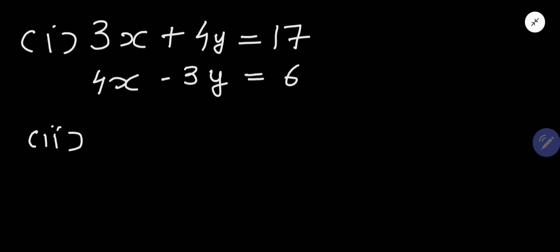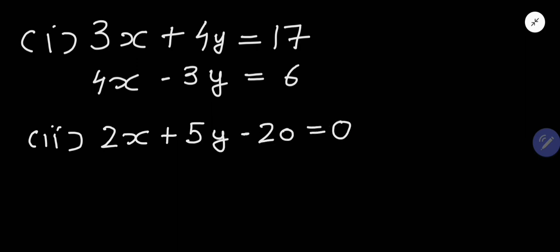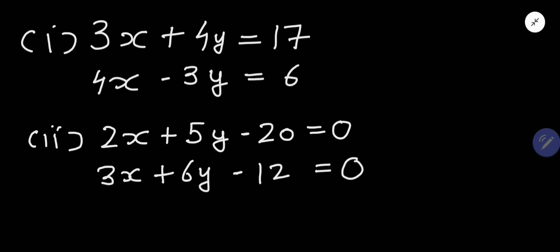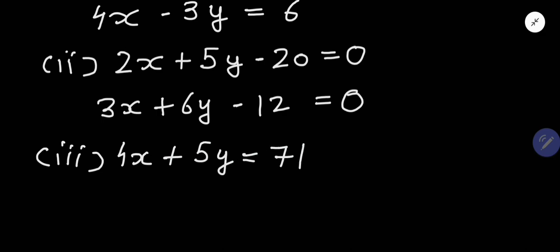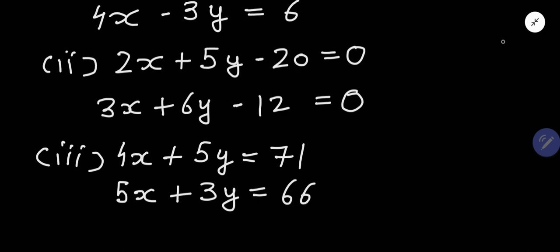The second example is 2x plus 5y minus 20 is equal to 0, 3x plus 6y minus 12 is equal to 0. Third example is 4x plus 5y is equal to 71, and 5x plus 3y is equal to 66.